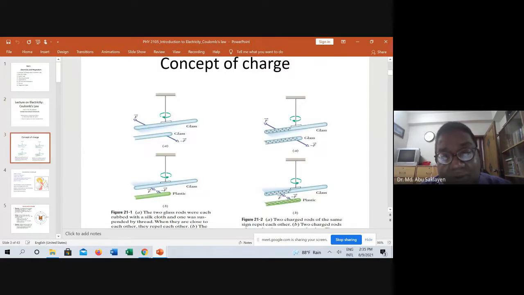So concept of charge. Do you know what is charge?